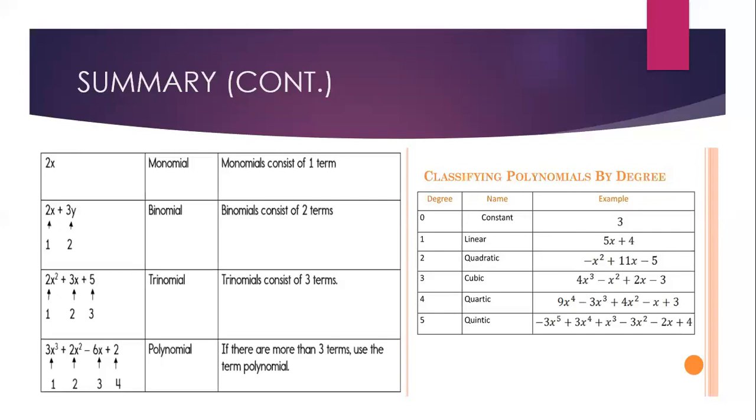When we're classifying polynomials by degree, we can count the highest power. So let me do 1. This is a 4. The 4 tells me that the highest power is a quartic, and I'd have to check a little bit, but the 4th is a quartic function.